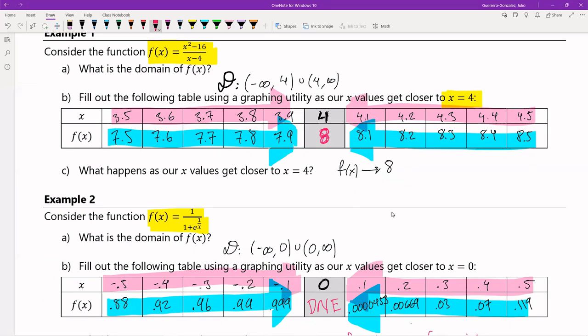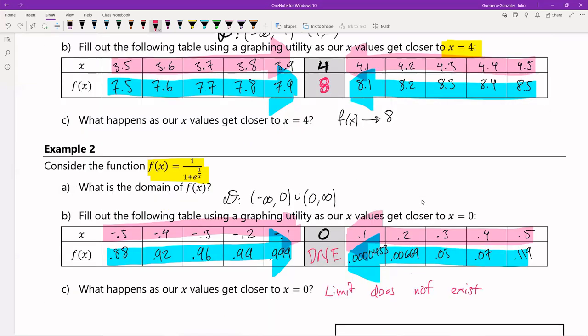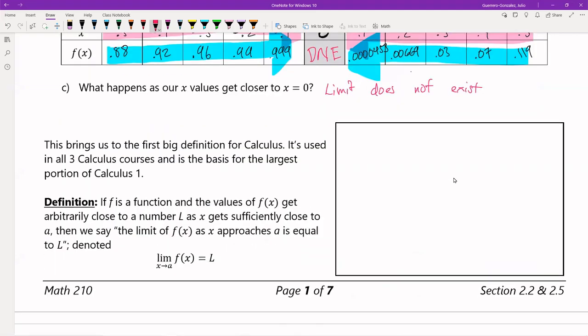In this second example, our x values were heading toward 0, but our f of x values were not heading toward a particular value. So in the first example, they headed toward a value, so we say that the limit is 8. In our second example, since it wasn't heading toward a specific value, we say that the limit does not exist.